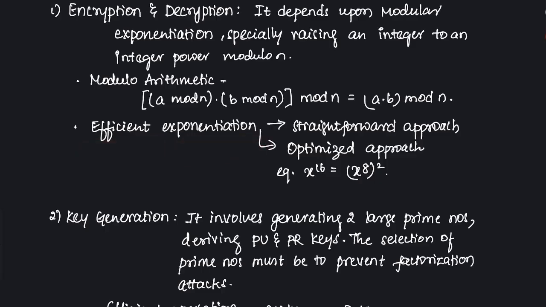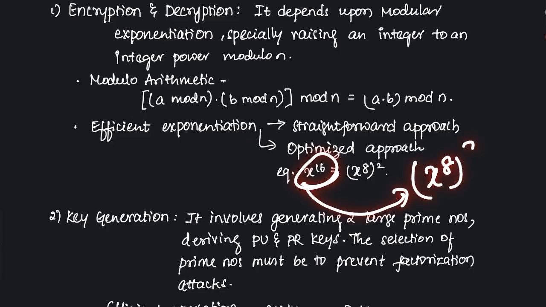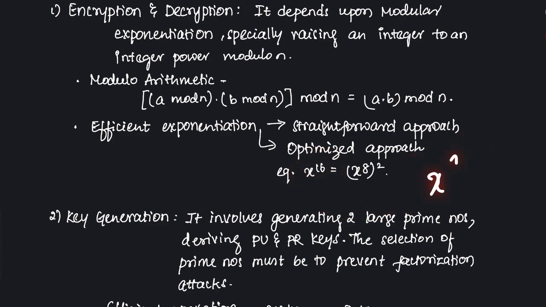In efficient exponentiation, we have two options: either the straightforward approach, that is x power 16 means we have to perform 16 multiplications, or we have the optimized approach. In the optimized approach, instead of performing 16 multiplications, you are writing the exponential form as a subdivided exponential form, that is x power 8 whole squared, or if it is x power 8, then it is x power 4 whole squared. By using this method, it will reduce the number of multiplications very significantly.